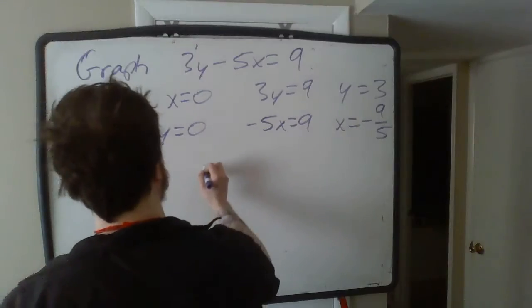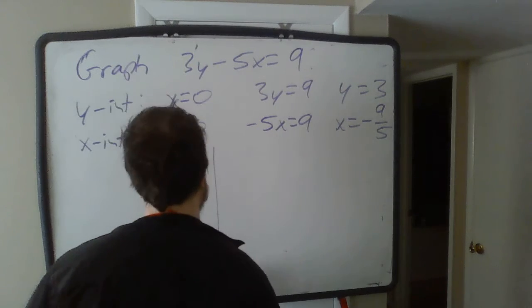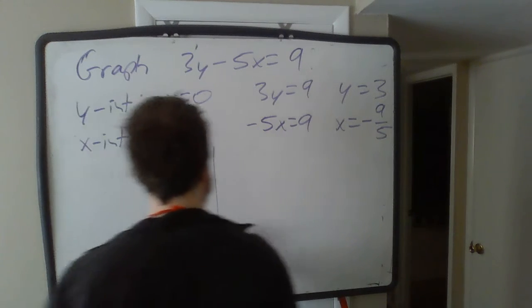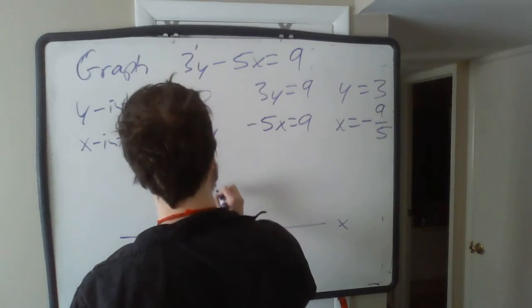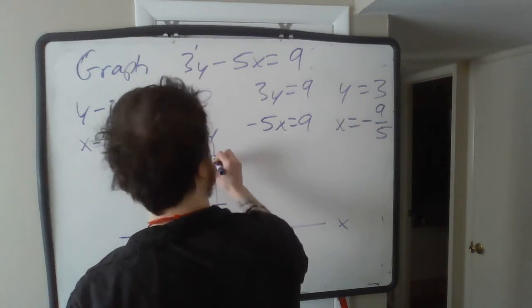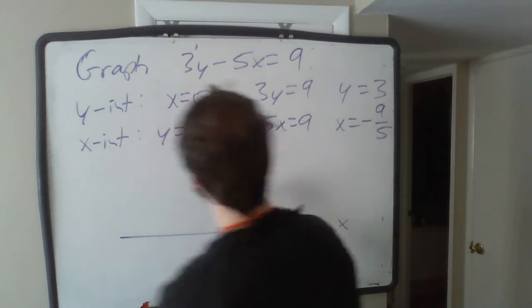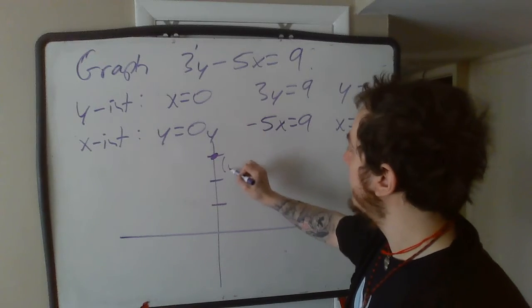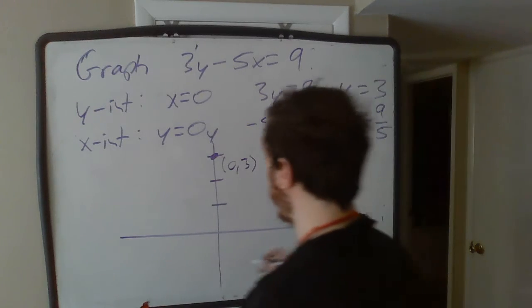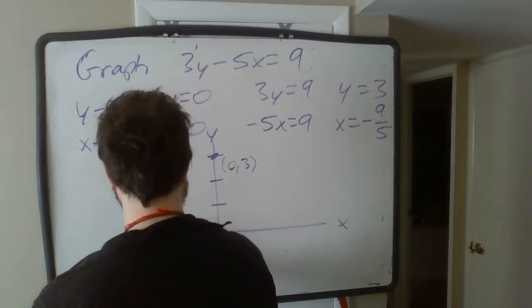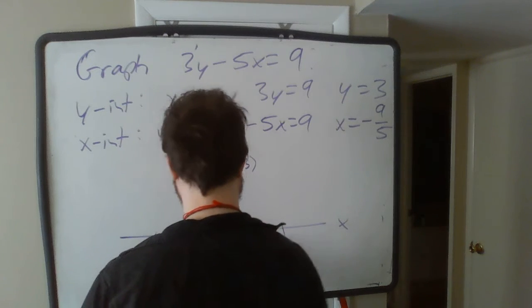Now, in order to make a graph of this thing, I first, of course, need an actual set of axes here. So we're going to have 1, 2, 3. Here is my y-intercept here at (0, 3). And my x-intercept is at negative 9/5. So we're going to have negative 1, negative 2.